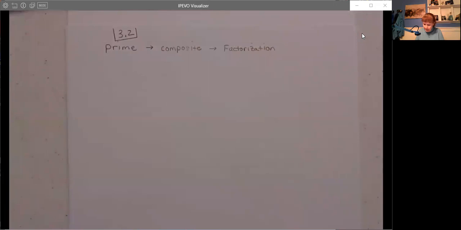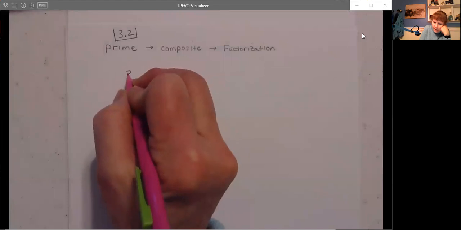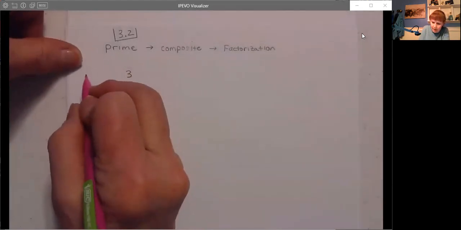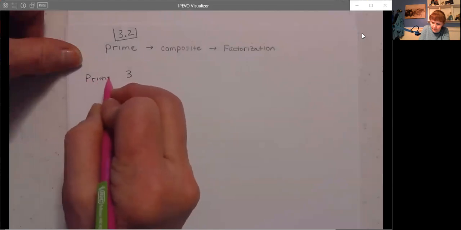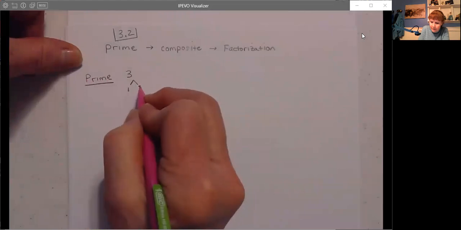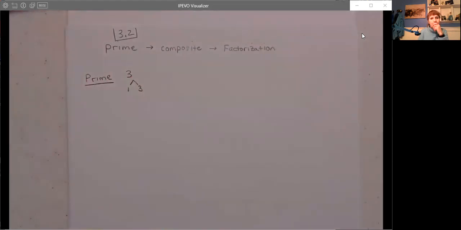A prime number is a number that only 1 and itself, when you multiply them together, will give you that number. So in other words, 3 is a prime number. So we're going to talk about the primes first. Because only 1 times 3 will give you that number. You're going to be building trees, obviously.